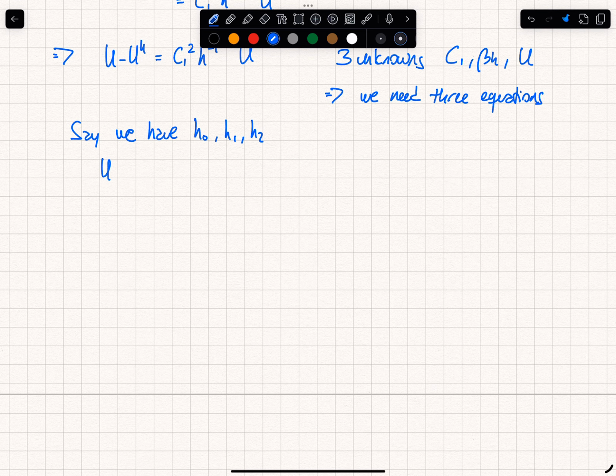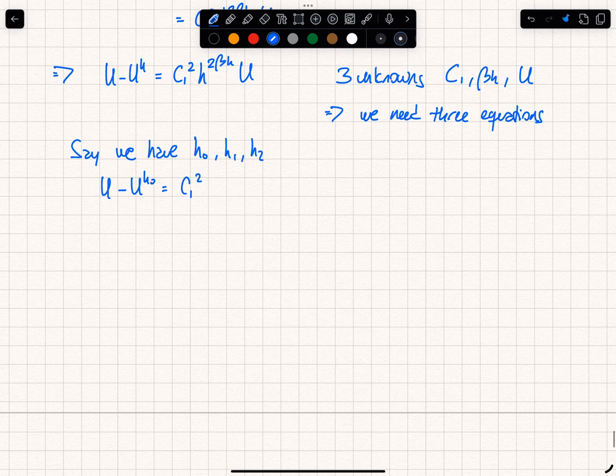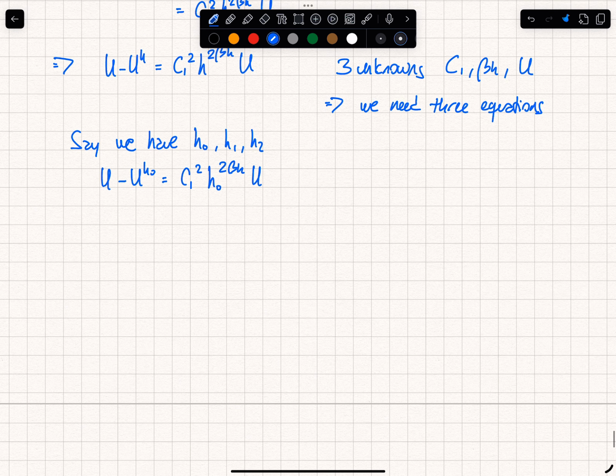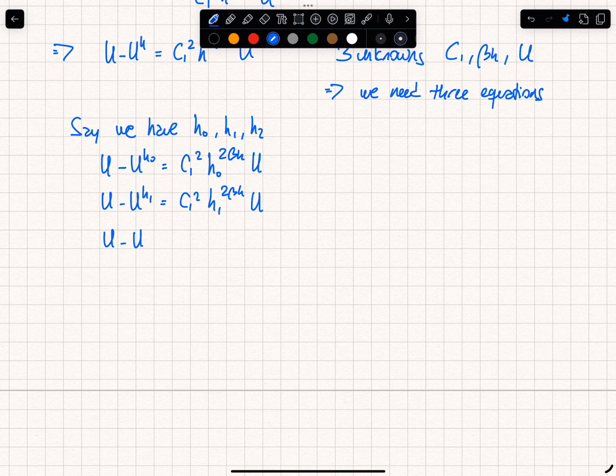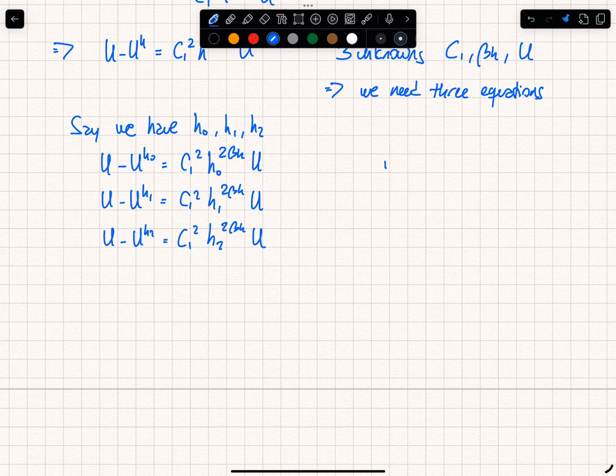We have U minus UH0 equal to C1 squared H0 to the 2 beta H U. U minus UH1 equal to C1 squared H1 to the 2 beta H U. U minus UH2 equal to C1 squared H2 to the 2 beta H U. Say this is my equation 1, this is my equation 2, this is my equation 3.